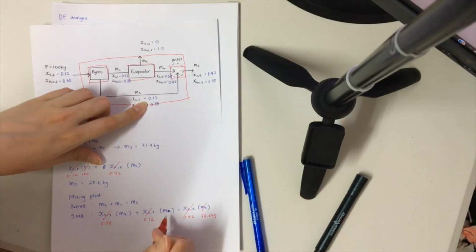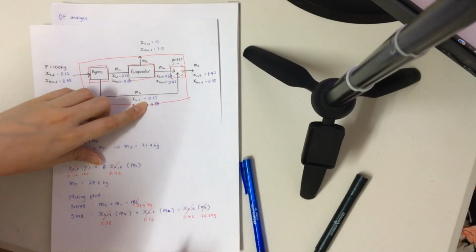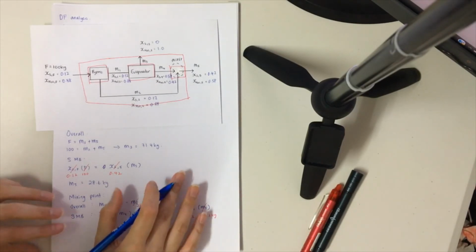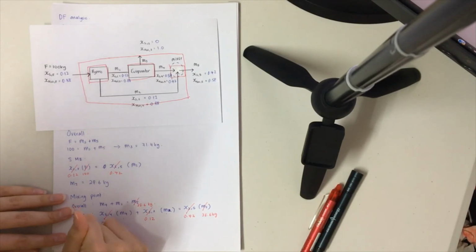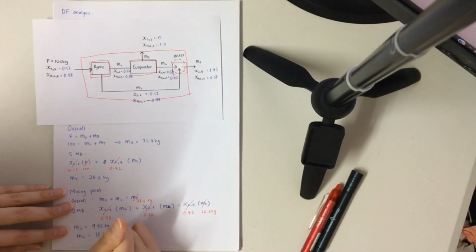So we can solve this simultaneously. By solving it simultaneously, we should get M2 to be 9.95 kg and M4 to be 18.65 kg.